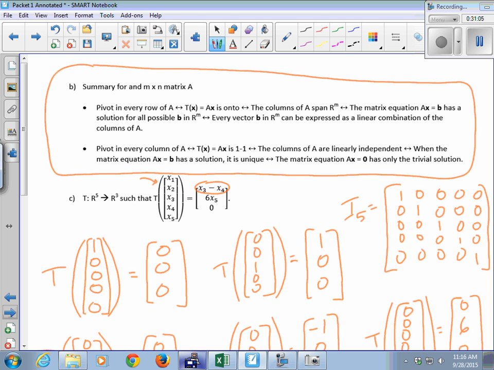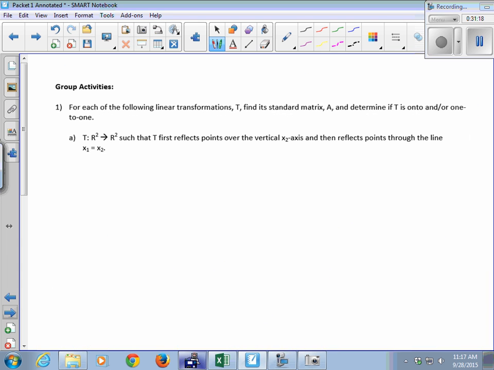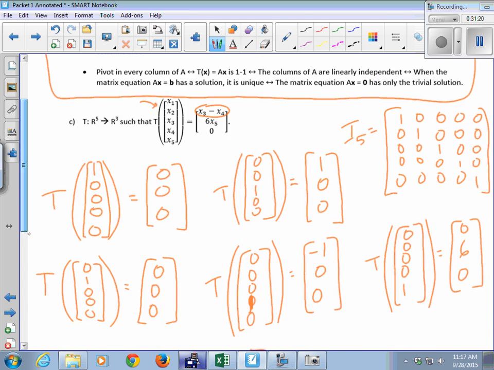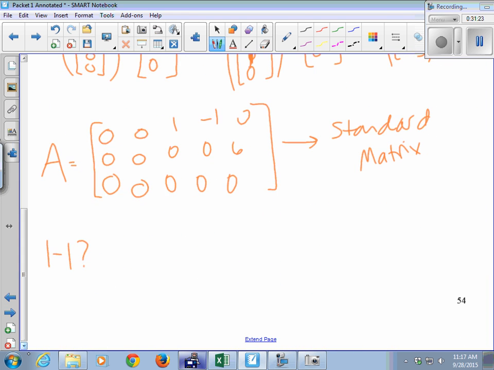Here it is. So I could row reduce and see if there's a pivot in every column, right? Or I could think about, are the columns of A linearly independent? I like that one for this particular question. What do you think?